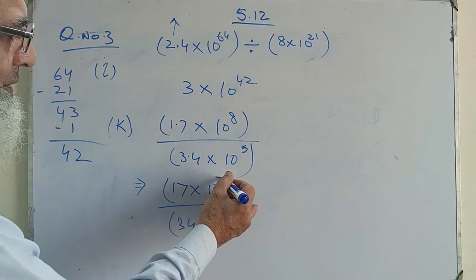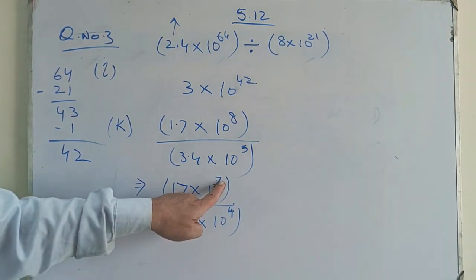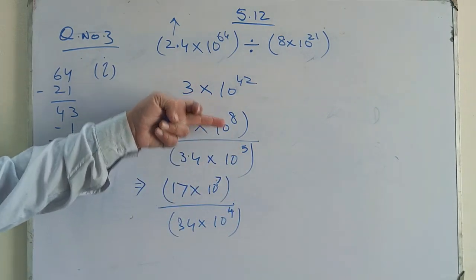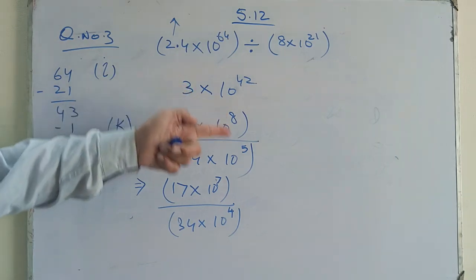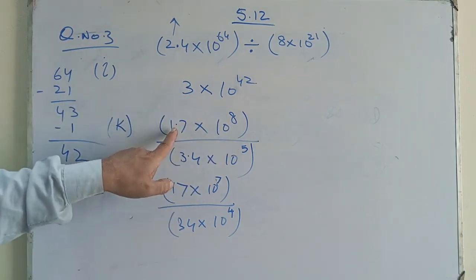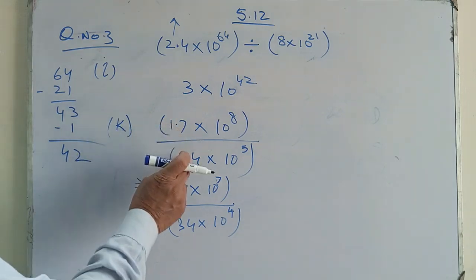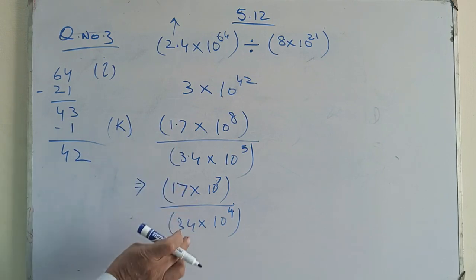What I have done is I have just decreased one power and just omitted the point from here, in both cases.